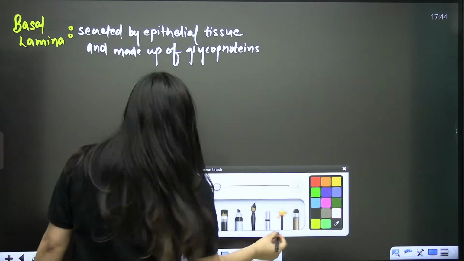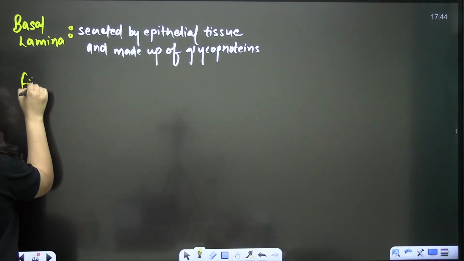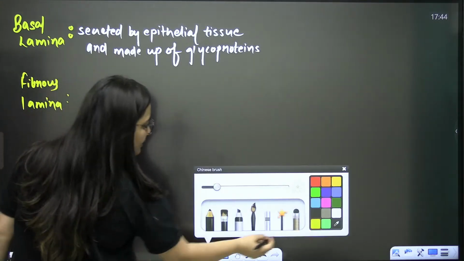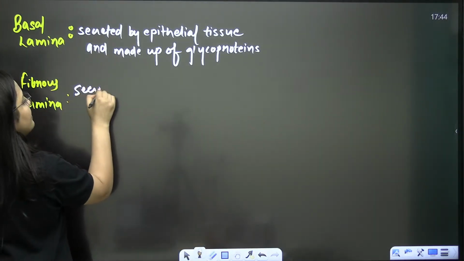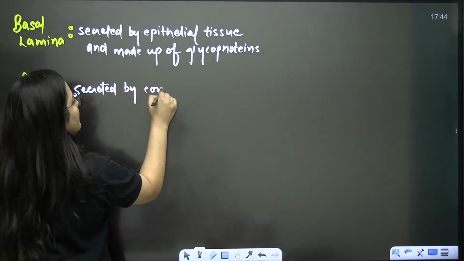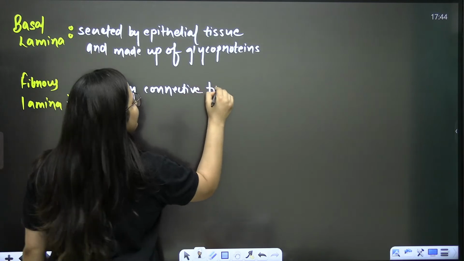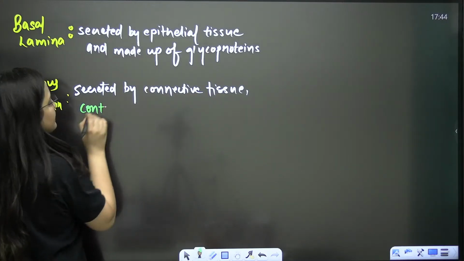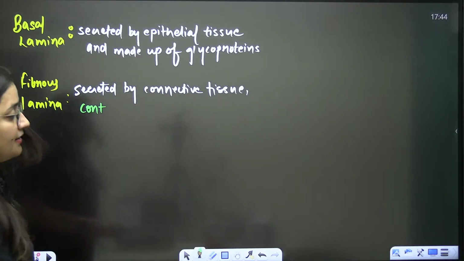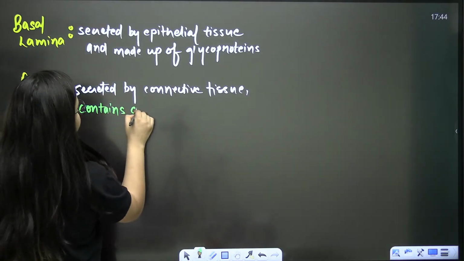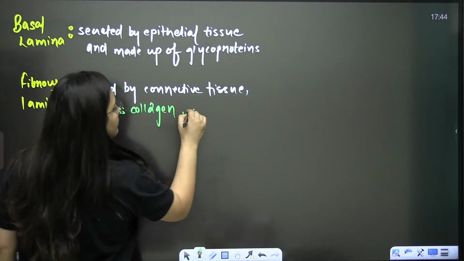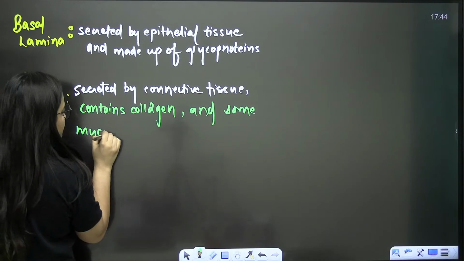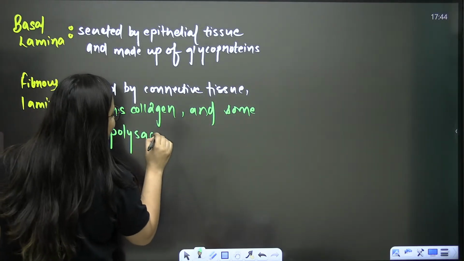Now the fibrous lamina is near the connective tissue. It is facing the connective tissue. It is secreted by the connective tissue. This layer contains collagen and some mucopolysaccharides.